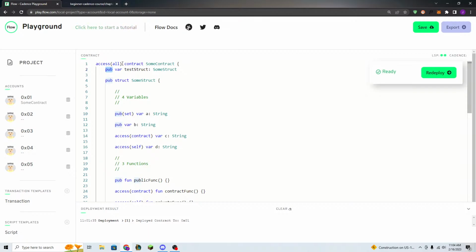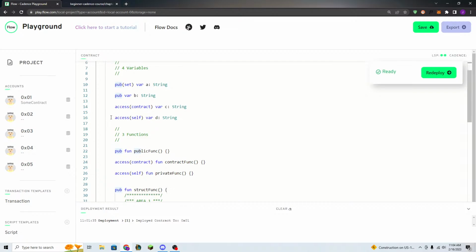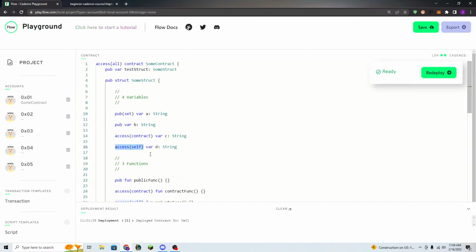So you'll see here, we haven't been talking a lot about this, but I kept telling you in previous workshops, oh, when you see pub, just ignore it. When you see access contract, right? These are all things that we haven't covered yet, and I was putting off until today. I'm actually curious, did you guys cover access control or access modifiers during Josh's session?